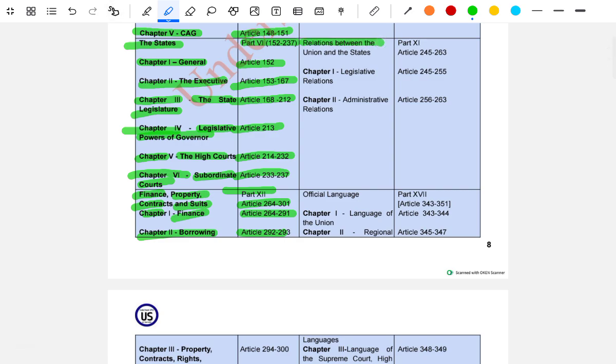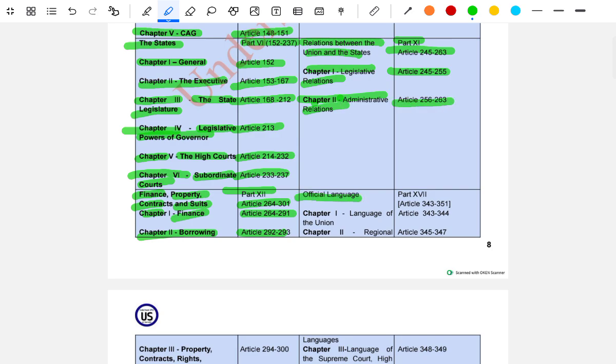Relationship between the Union and States, Part 11, Article 245 to 263. Chapter 1, Legislative Relations, Article 245 to 255. Chapter 2, Administrative Relations, Article 256 to 263.